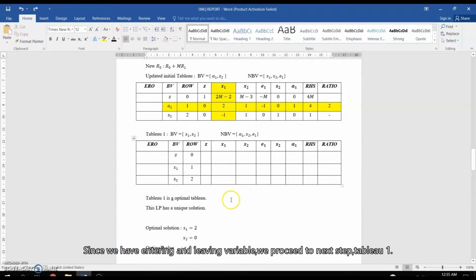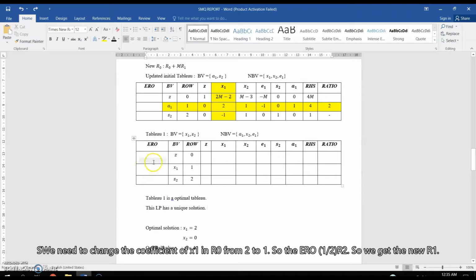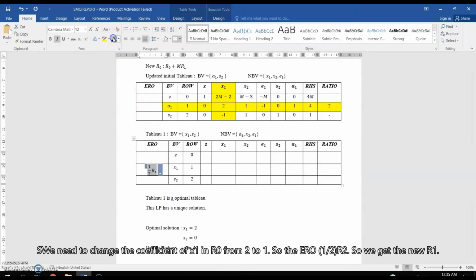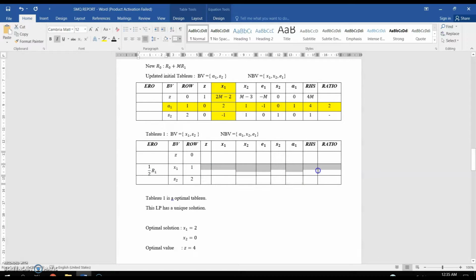Since we have entering and leaving variables, we proceed to the next step, W1. We need to change the coefficient of X1 in row 1 from 2 to 1. So, the ERO is 1 over 2 R1. So, we get the new row 1.